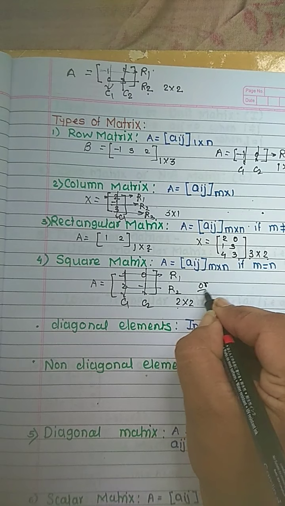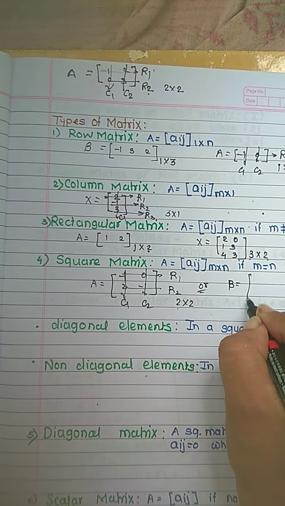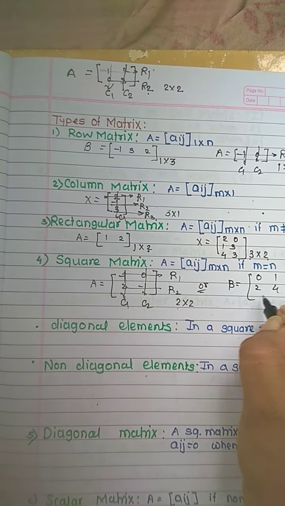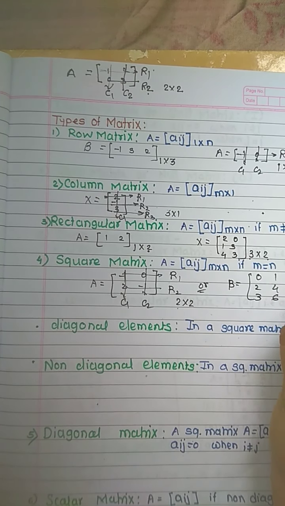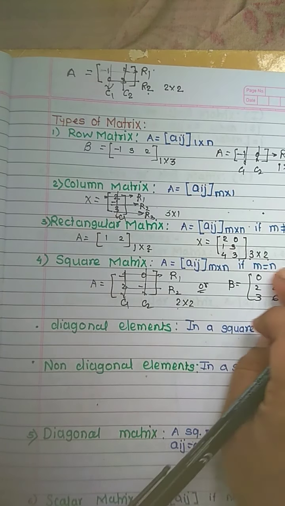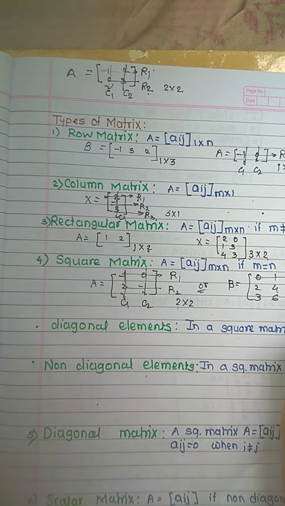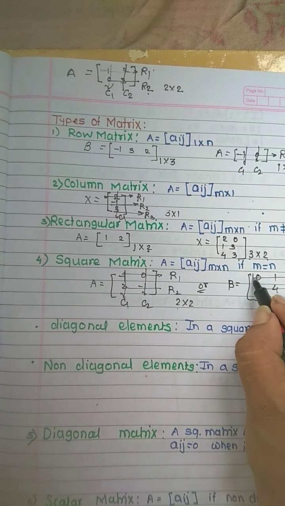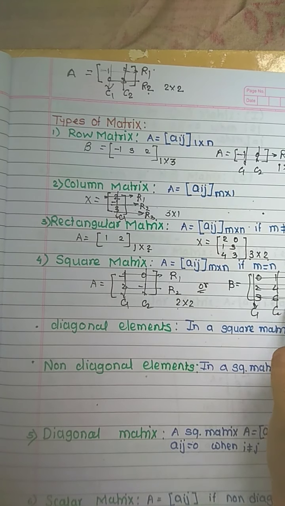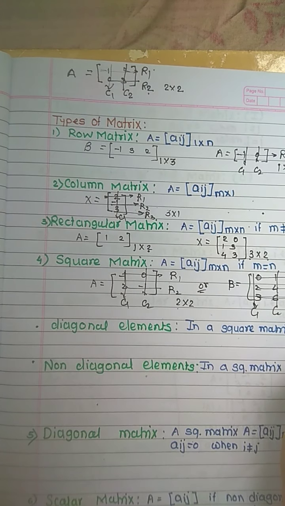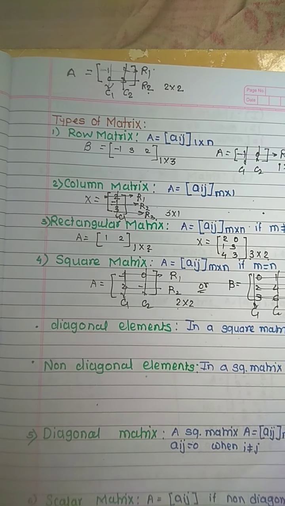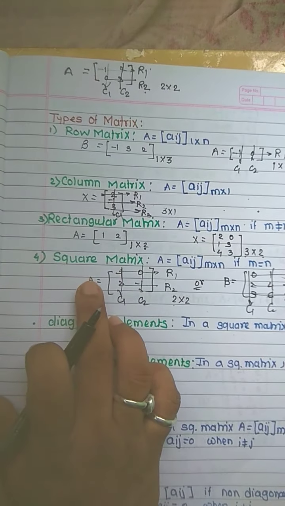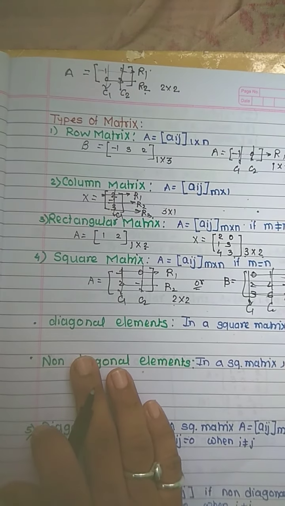Second example, matrix B contains elements 0, 1, 3, 2, 4, -5, 3, 6, 7. In this matrix, the number of rows is 3, R1, R2, R3, and the number of columns C1, C2, C3, that is number of rows equals 3, number of columns equals 3, both are equal. Therefore, matrix B is also called a square matrix.